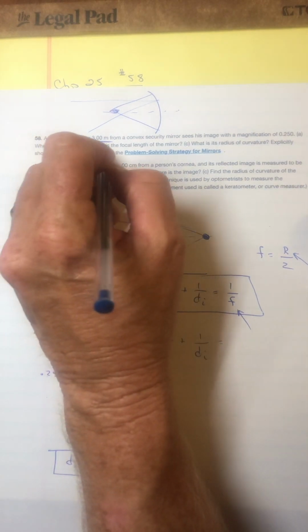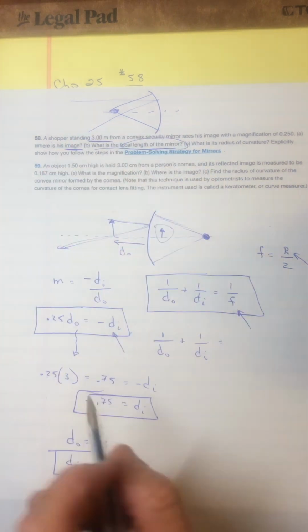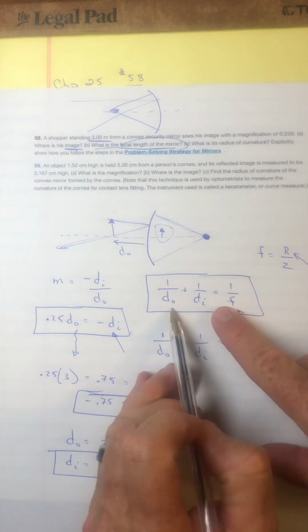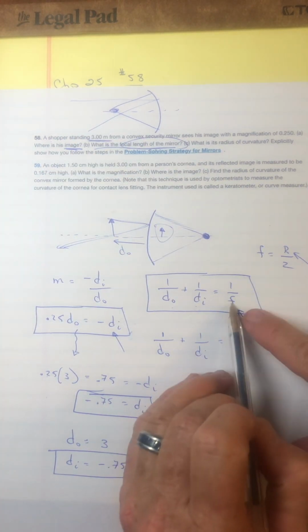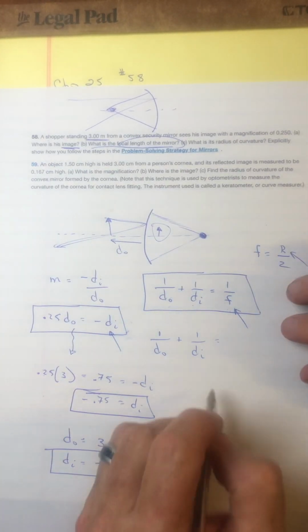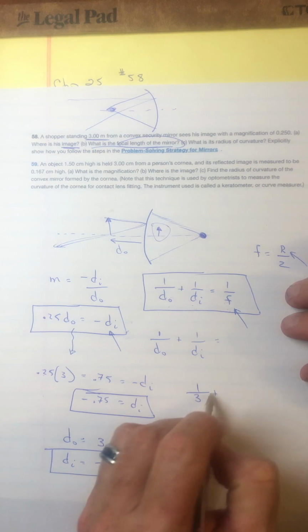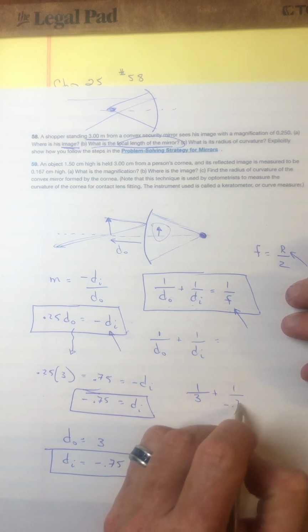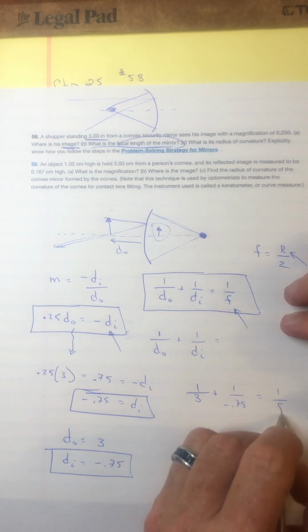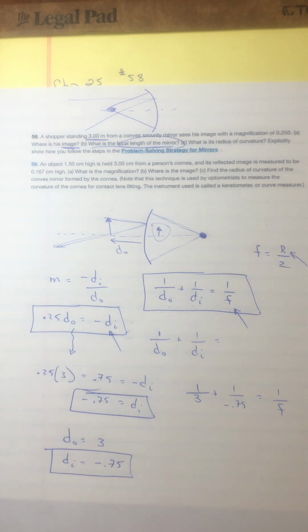Now, part B, when it says, what is the focal length, as I was beginning to say when I was misdirected, this focal length should come out to be a negative number because it's over here where the light never goes. So let's see what the math gives us. So this would be 1 over 3 plus 1 over negative 0.75 is equal to 1 over the focal length.